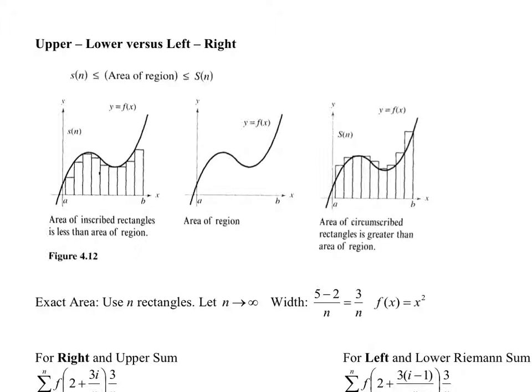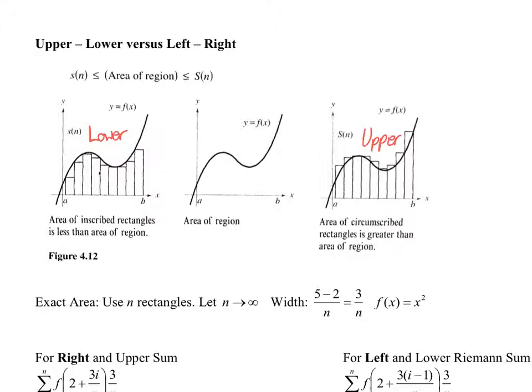That's why when we have something that's not constantly increasing or decreasing, we just call it the lower or the upper rectangles. Okay? So, the actual area we're looking for is somewhere between those.